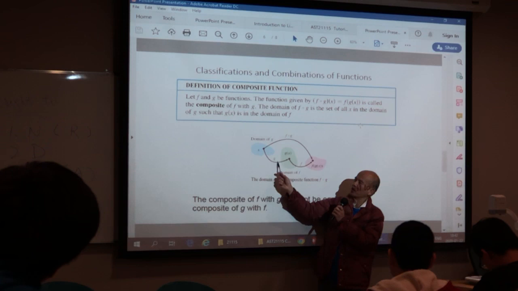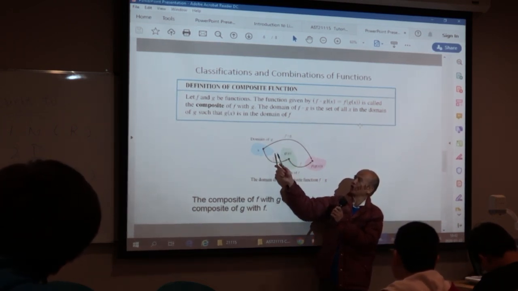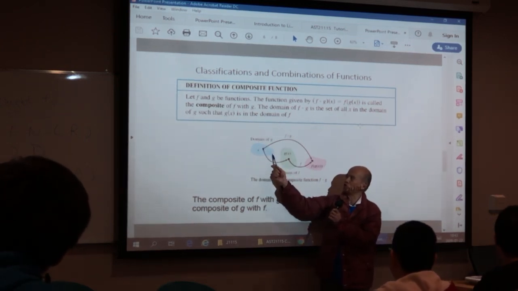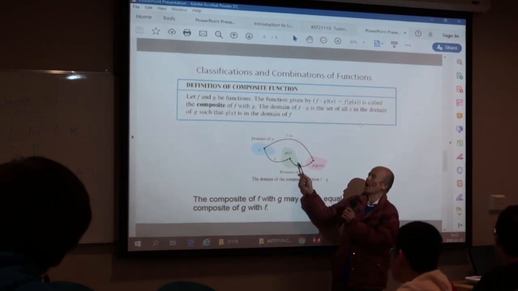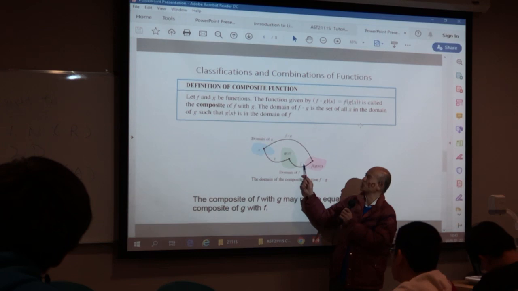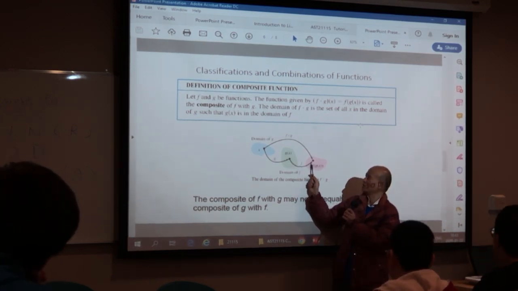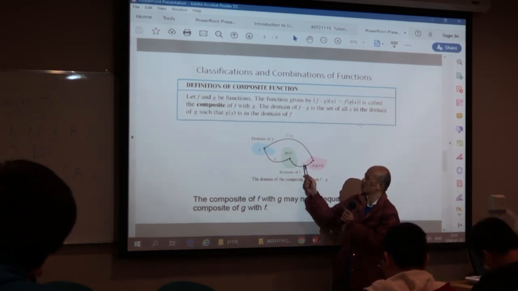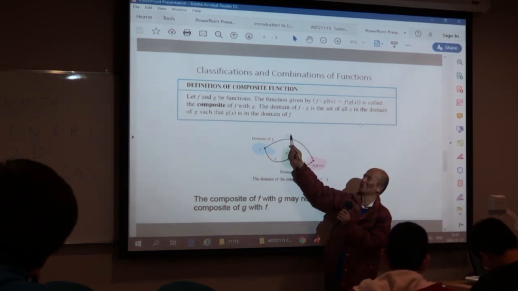And pictorially, the g function comes first, and it is defined on the domain of g, and it produces an output which is its range, and the range is the domain of f, and f has its range, and the range of f is the same as the range of the composite function.